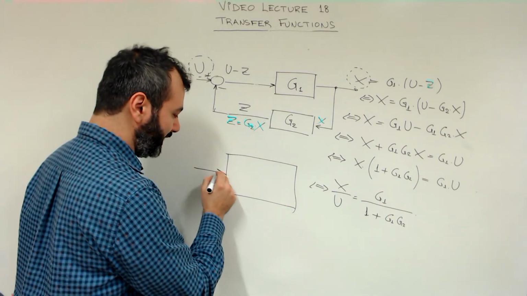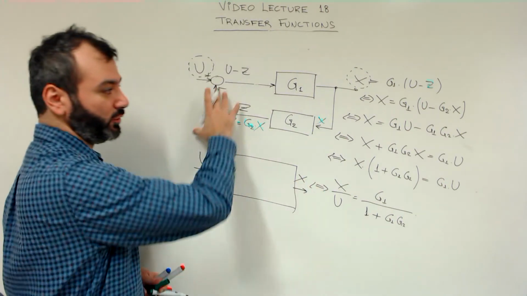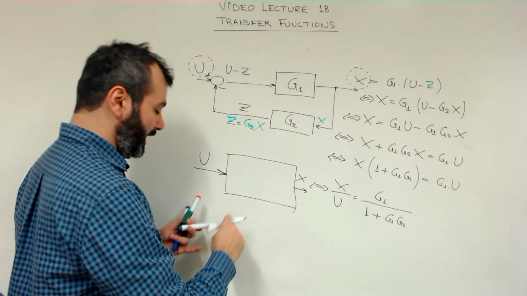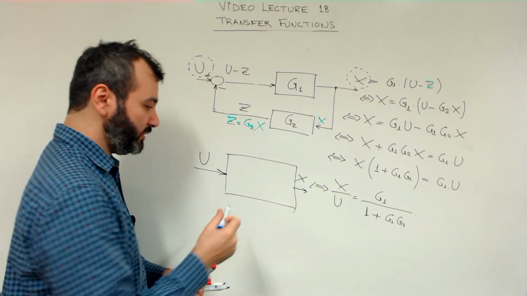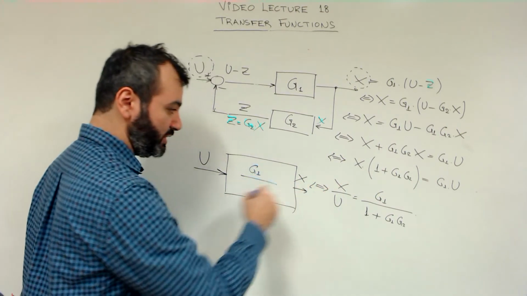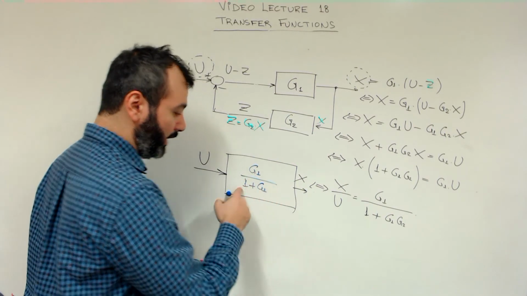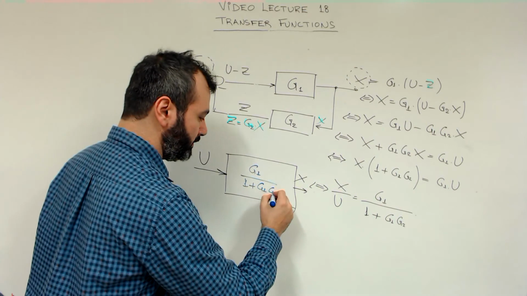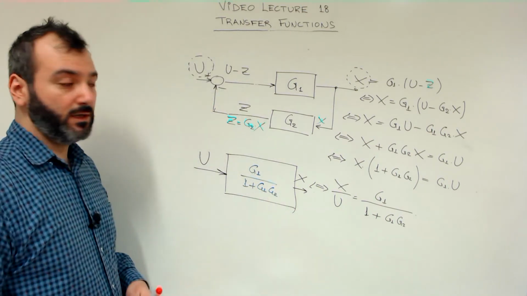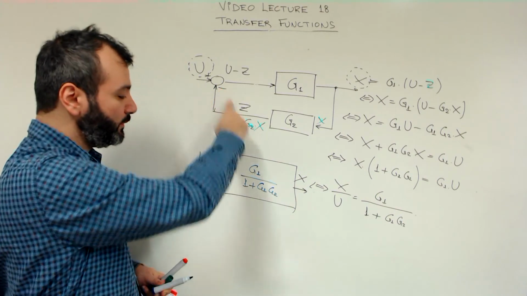Let's write it down once again clearly. We have a dynamical system with input U and output variable X, and this system has the transfer function G1 divided by 1 plus G1 G2. Now look here, we have a minus here, and this minus becomes a plus.